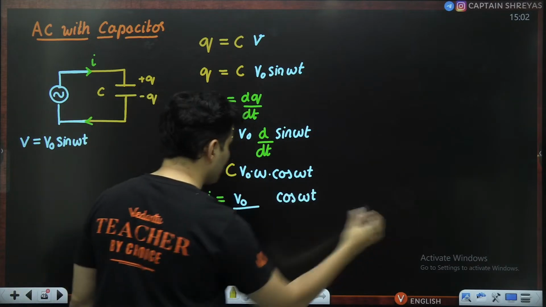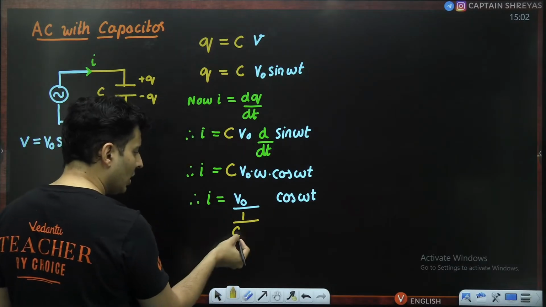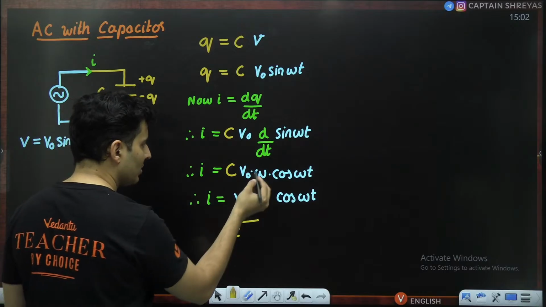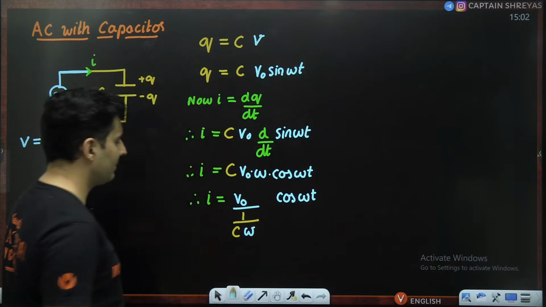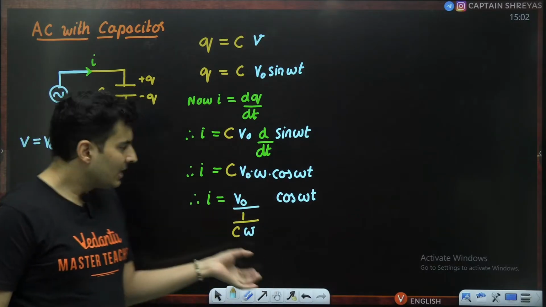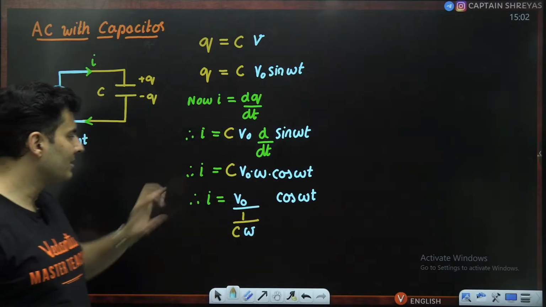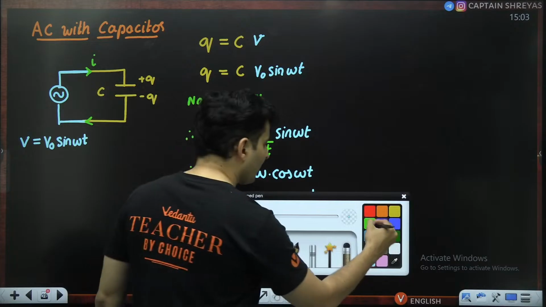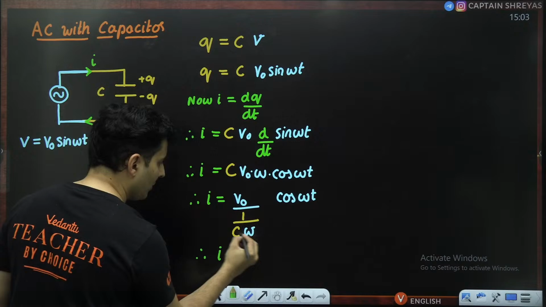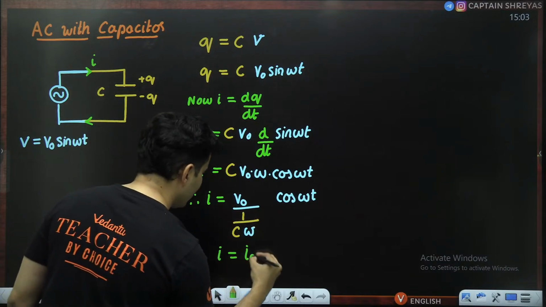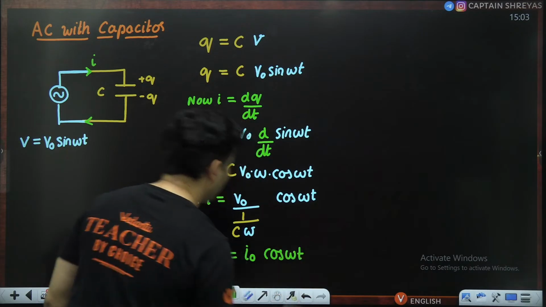So I have no other option but to write it as 1 by C in the denominator; C will go to the numerator eventually. Omega is also in the numerator, so bring it into the denominator like this. Now it looks like voltage by resistance into some time varying term is equal to current. These are all constants, omega C, V naught, so it is I naught, and then cos omega t.